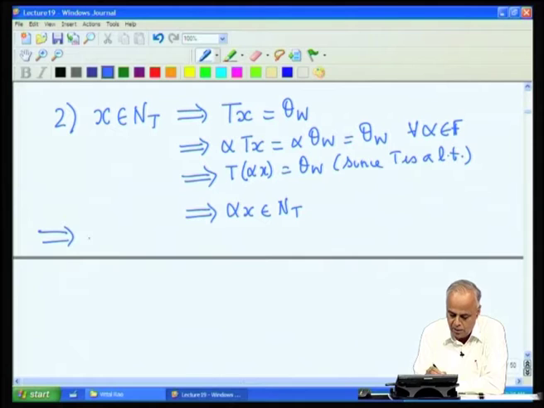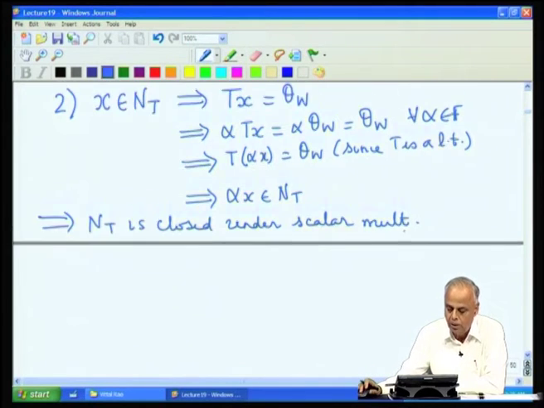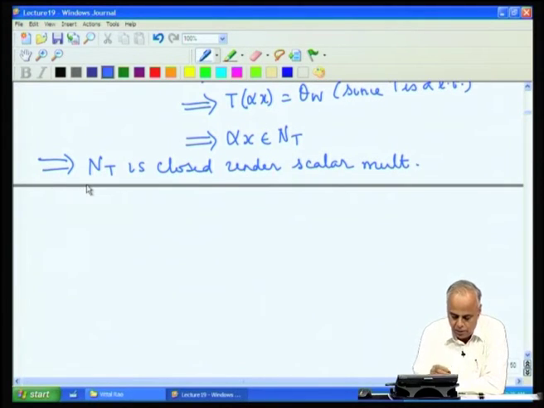So, this says NT is closed under scalar multiplication. Therefore, what are the various properties we observed?